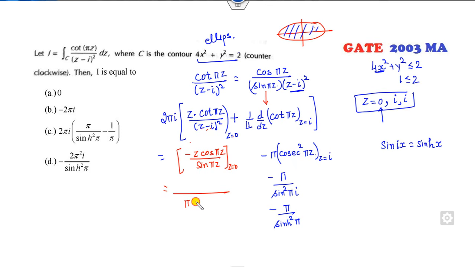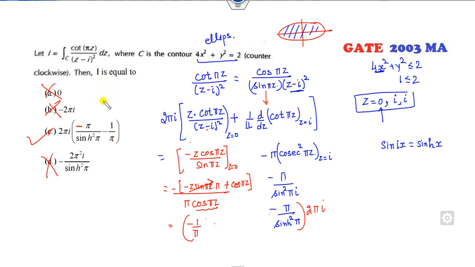So π cos(πz) minus, I can write outside, it's a minus z sin(πz) into π plus cos(πz). So at z equal to 0, this value will be 1, this value will be 0, it is 1, so minus 1 over π, minus of this into 2πι. So the 0 cancels, 2π cancels, minus π over ι and it should be minus. Fine. So this option is cancelled. So C is my right answer of this problem.